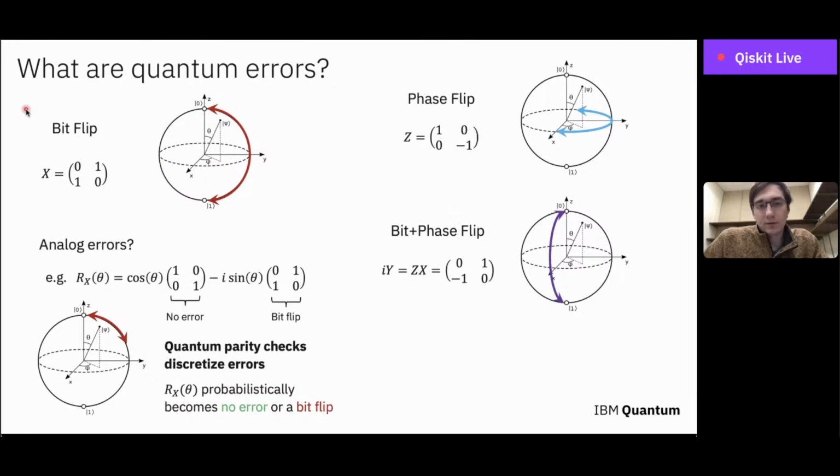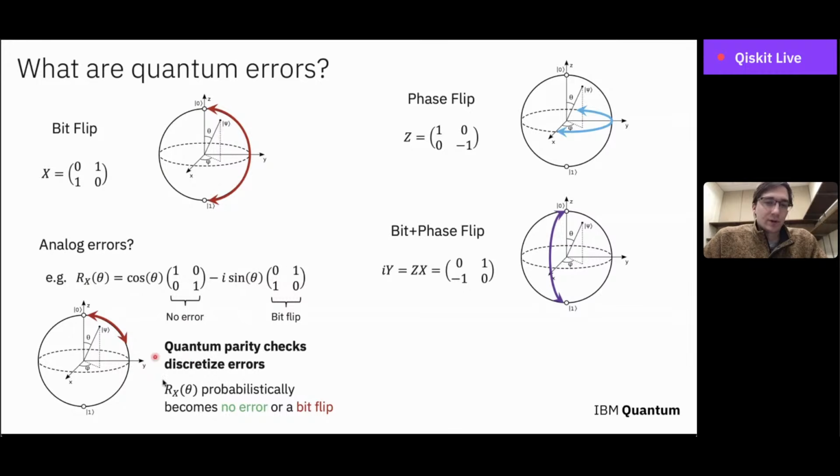So you might think that quantum errors can be somewhat analog because we're on this continuous surface, and maybe there's a small error like this rotation by some angle theta, where theta could be really small, and maybe that error is hard to correct because it's so small.